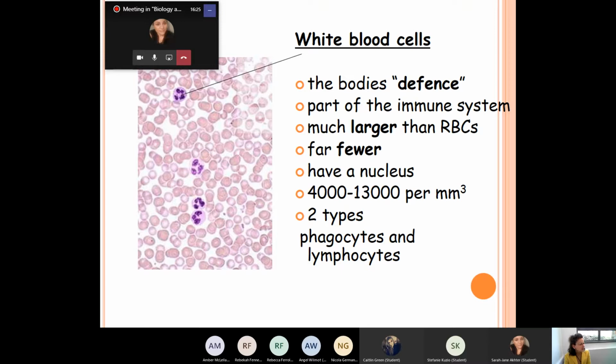I don't think you've started it yet. The course is probably at some point after Christmas. So then you're going to be talking about white blood cells in more detail. For this assignment, it's more of a summary rather than a detailed description of types of white blood cells. So it would be nice if you include at least a very brief overview of these two types. Phagocytes is the first type, lymphocytes is the second type.